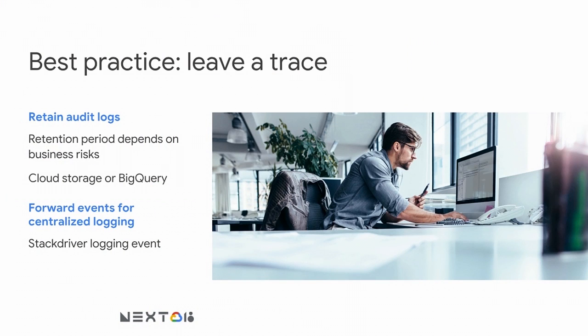And this leads us to leave a trace. Say that you just created your super secret bucket with all the company's secrets, and someone has access to it, and you don't know who. So by default, all admin changes to the cloud are audit logged. So if you do a set IAM policy, it's going to be logged, and you can see who did that, who granted a permission, who changed the policy.